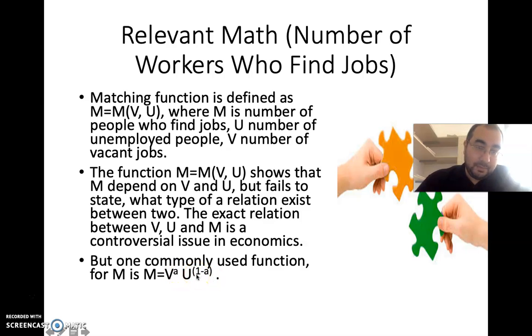And basically, if they are both 0.5, that means when you have an equal number of vacancies and unemployment relatively, then the job matching is faster. If vacancies have a higher coefficient, that basically means that when you have a high number of vacancies and a lower number of unemployed people, in that case, the matching will be faster.